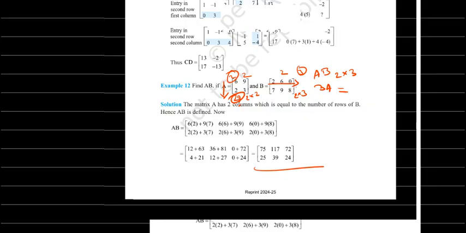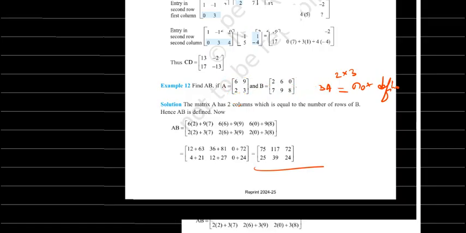This is what they are trying to say. One more thing is, if you consider this as m into n and this as k into l, this can only be possible when m is equal to k and n is equal to l.